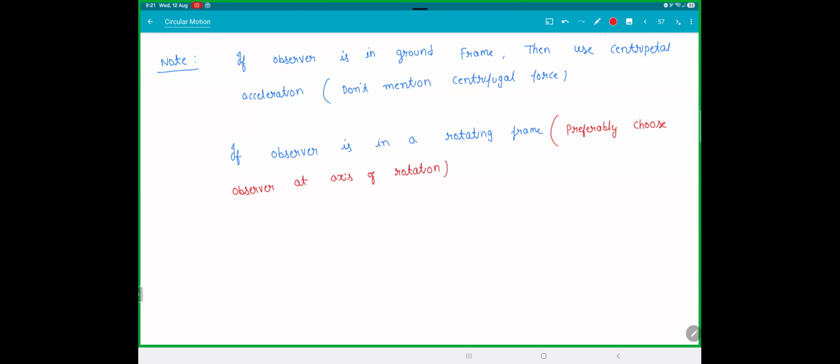Now, if you use centrifugal force, don't talk about centripetal acceleration. If you use centripetal, don't talk about centrifugal.